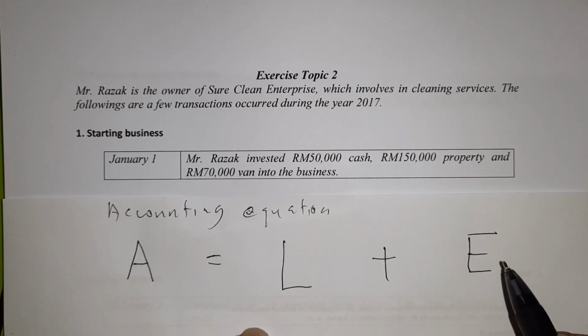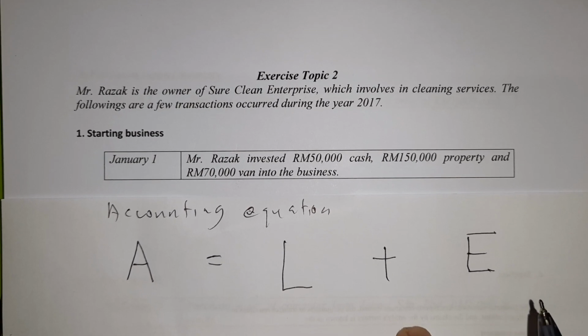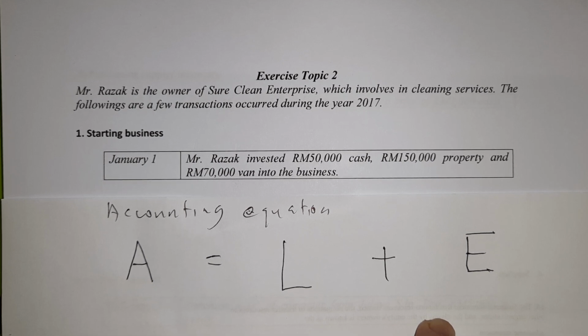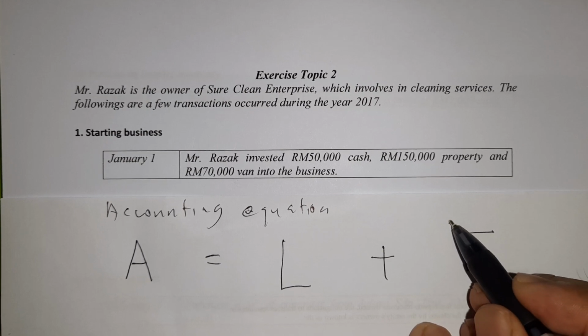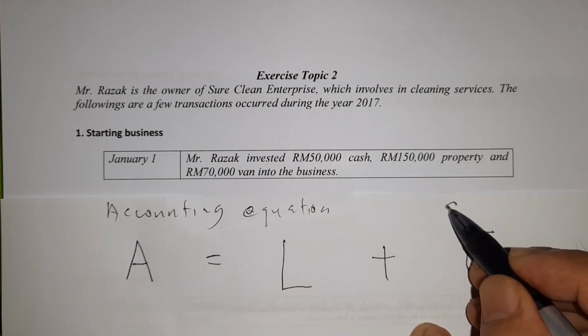And the last one in the accounting equation is the equity. The simple definition for equity is the amount owned by the owner of the business. Remember, in accounting, the owner of the business and the business are different entities. So the amount owned by the owner in the business is called equity. Equity is related to at least 4 accounts. The first one is the capital.